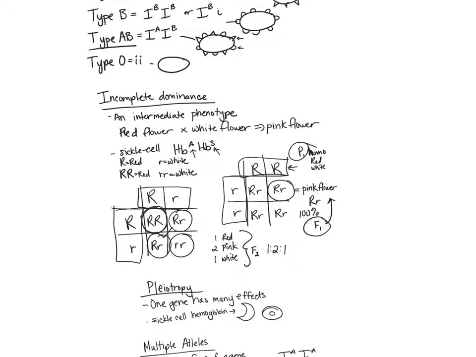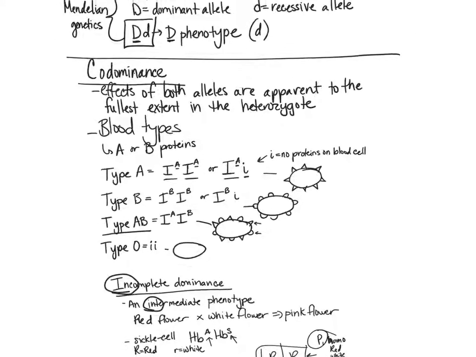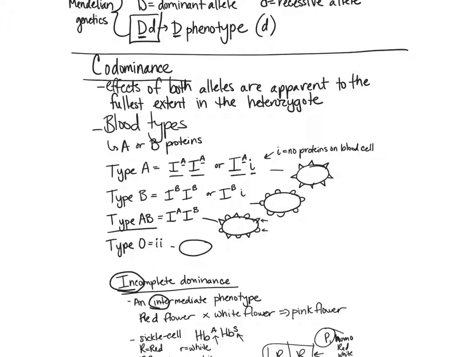We talked about incomplete dominance. This is where it's incomplete and has an intermediate phenotype. You can remember the incomplete is intermediate phenotype, so something in between, so red and white is pink. We talked about codominance, meaning both are dominant. So co meaning sharing, and then dominance. They share dominance. We see all of the protein A and all of the protein B in blood type AB, for example.